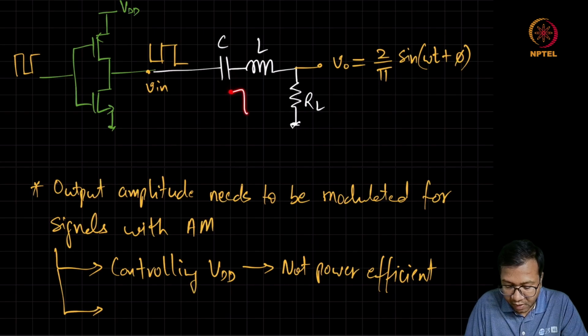Another approach is to try to change the effective source strength looking from the load side, and that can be done by doing some change in this load network.